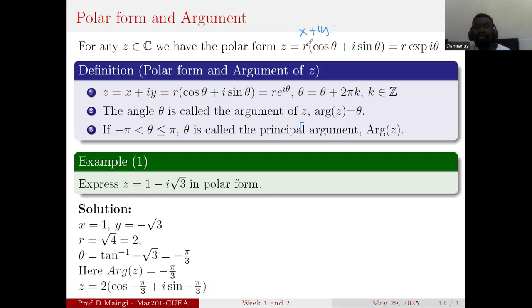But then x is r cosine theta and y is r sine theta. So you can move from the rectangular coordinate form to the polar form in this way. You'll have that z is r cos theta plus i r sine theta.